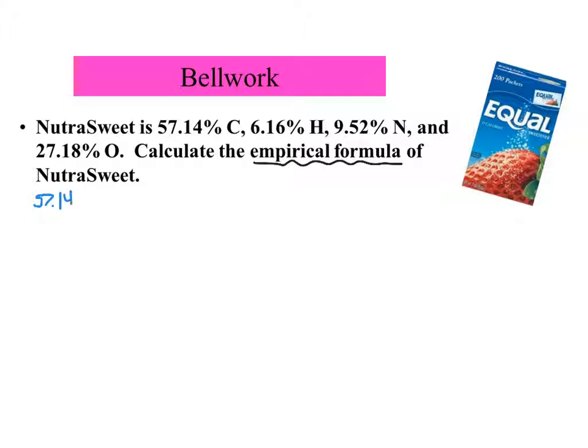So I'm going to start out with 57.14, and I'm going to assume 100 grams. And when I do that, I can say that if I have 100 grams of this compound, 57.14% is going to mean that I have 57.14 grams of carbon.